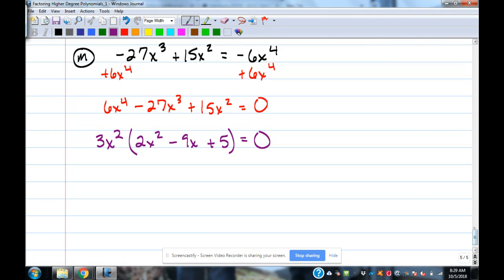Okay. Now, we're factoring here, so I'm going to use factoring to solve this. But since I'm solving, what other option do I have to solve the parentheses part? I could use the quadratic formula to solve this. I'll do it both ways with you guys today. It doesn't matter.